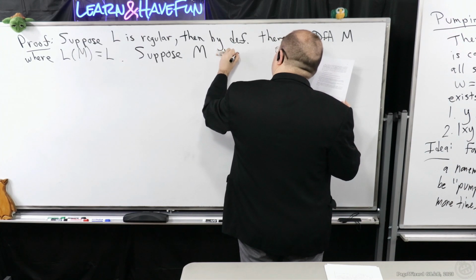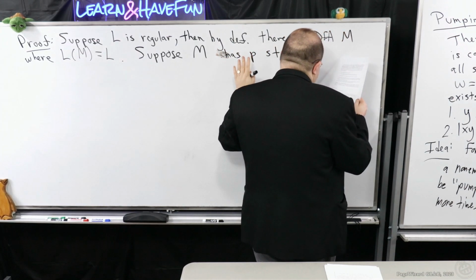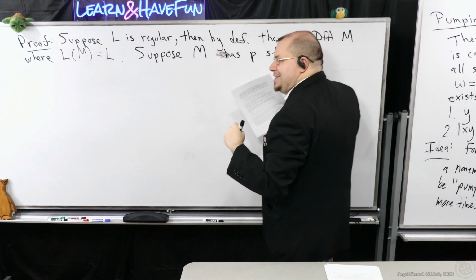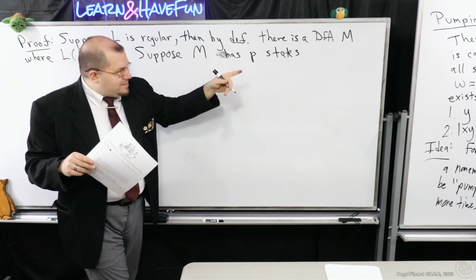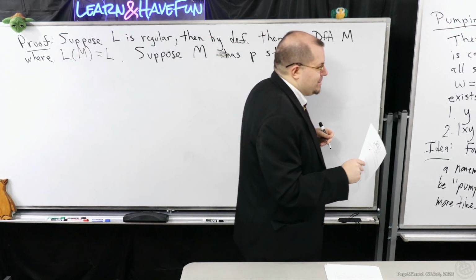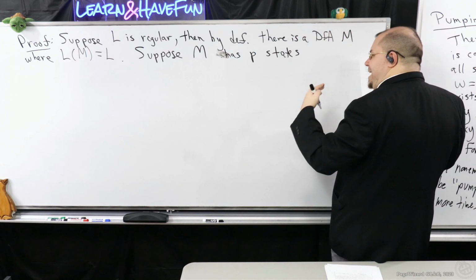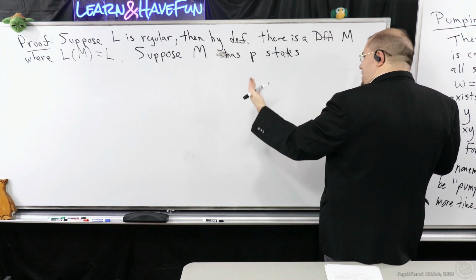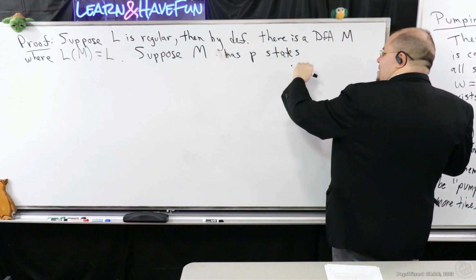Suppose M has p states. This should just make your ears ring a little bit if you've seen our example where we constructed such a DFA that meets some of the conditions we had over here. I must stress that you can't always do that, but the point is that in that example I tried to highlight some elements of the pumping lemma.